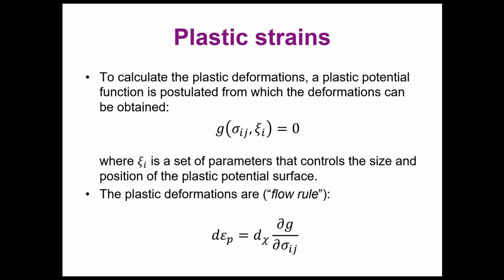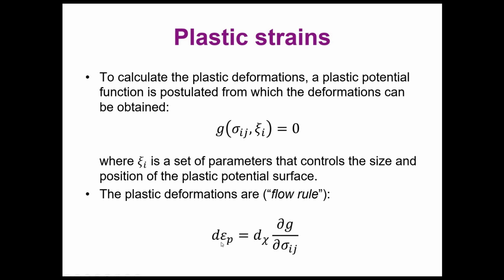Especially in soils, when you have very complex materials, you will need to work with these two surfaces in a separated way: the yield surface to establish the point where you make the transition from the elastic to plastic deformation, and another surface, the plastic potential, to derive the plastic deformations in terms of direction and in terms of value.